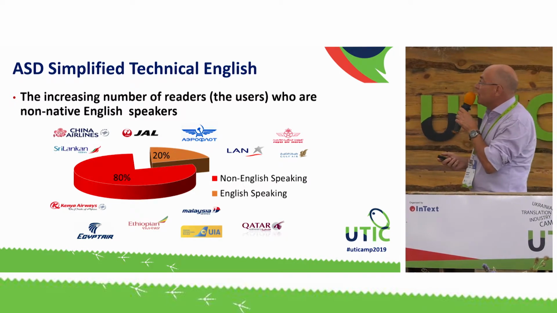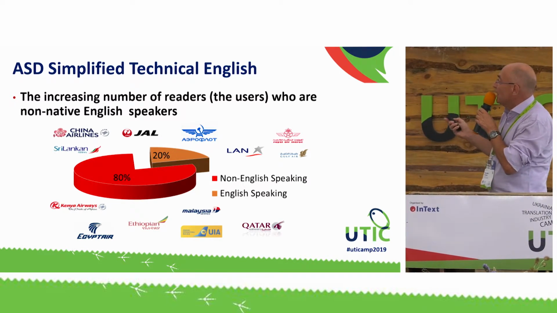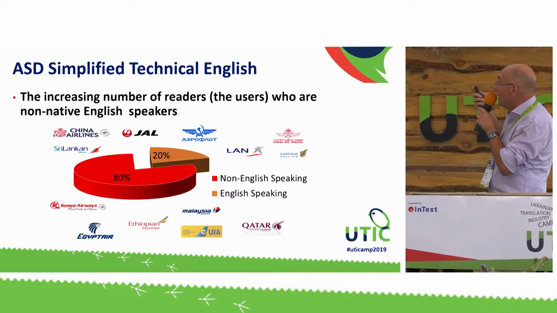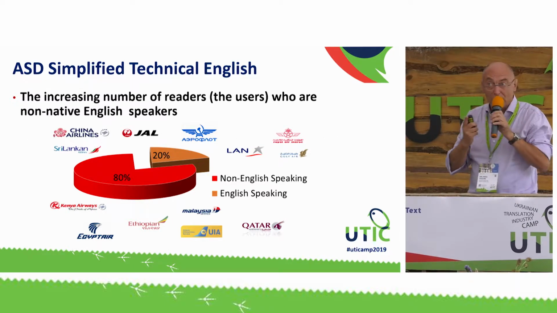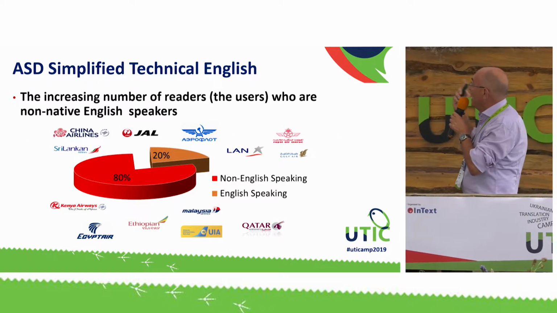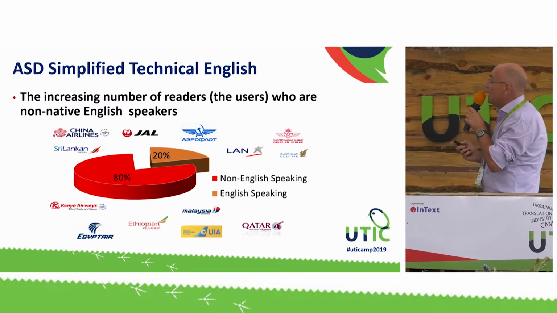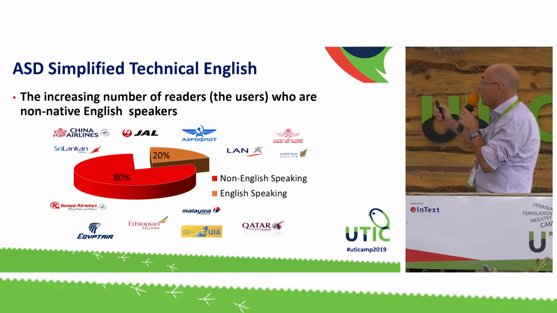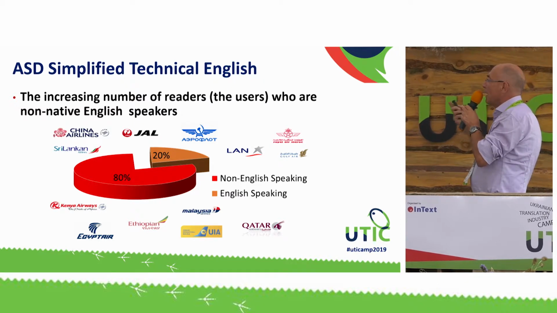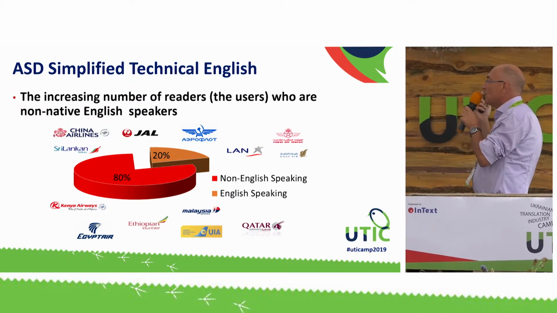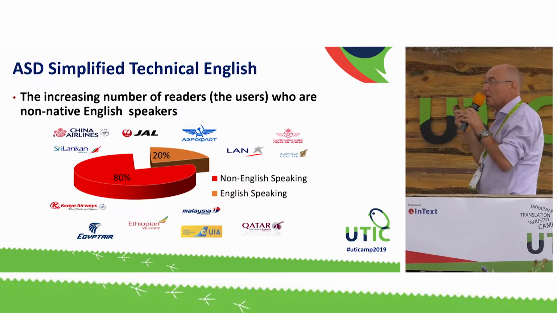The other factor is the increasing number of readers, which are the users. Remember that Simplified Technical English was created for the users and not for the writers, who are non-native English speakers. You see the percentage is only 20% of the users are English speakers.